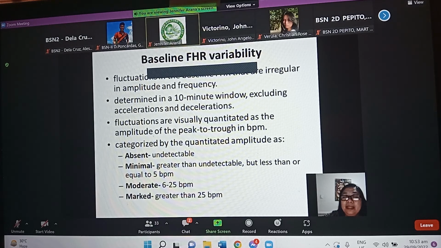Okay, the variability is categorized by the quantitated amplitude, such as absent or undetectable, minimal, greater than undetectable but less than or equal to 5 beats per minute, moderate, 6 to 25 beats per minute, marked, greater than 25 beats per minute.